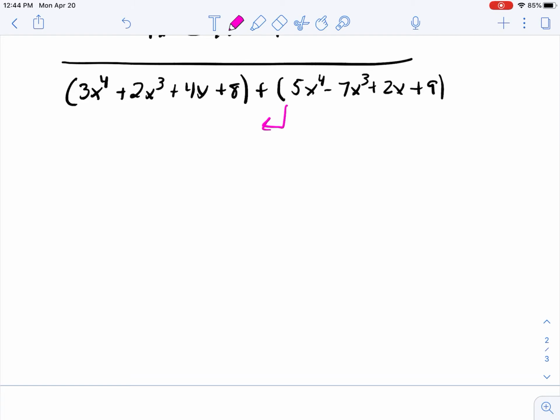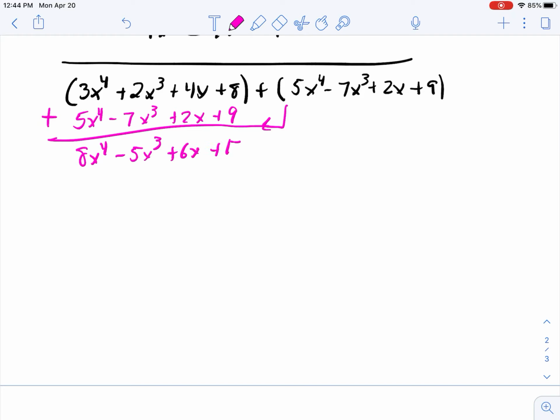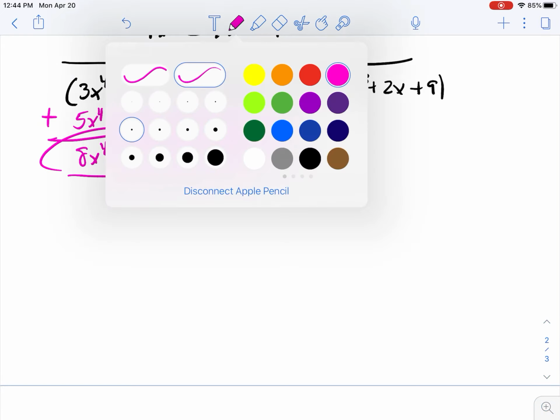So just take this, put it underneath, match it up, 5x to the fourth minus 7x cubed plus 2x plus 9, and add, so you have 8x to the fourth minus 5x cubed plus 6x plus 17, like so.